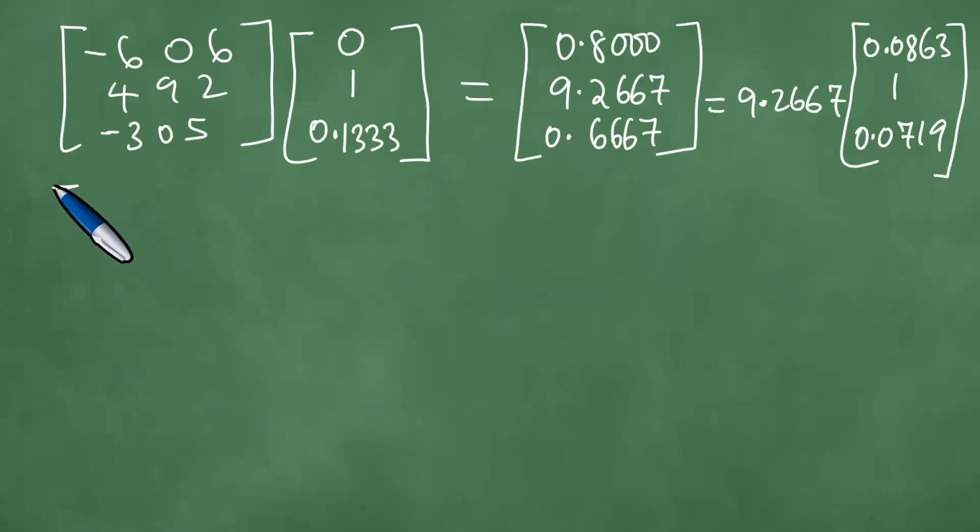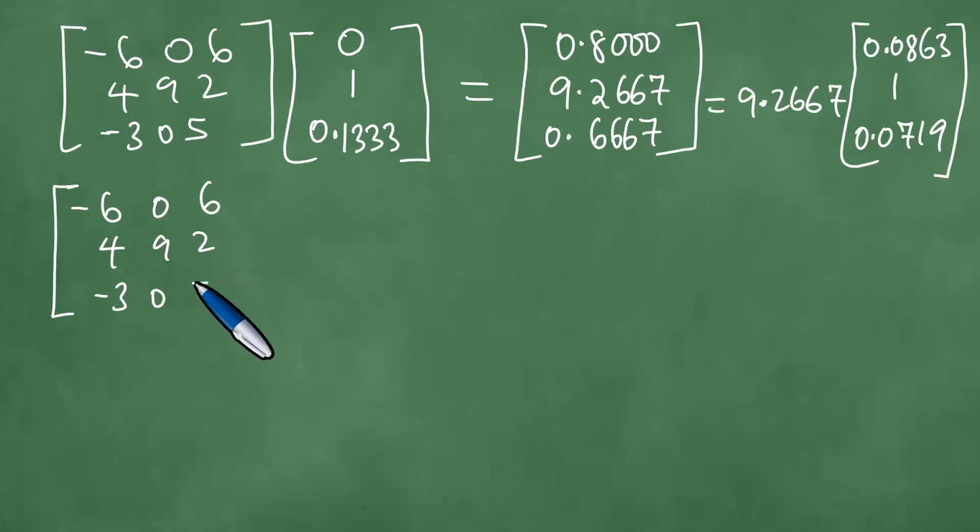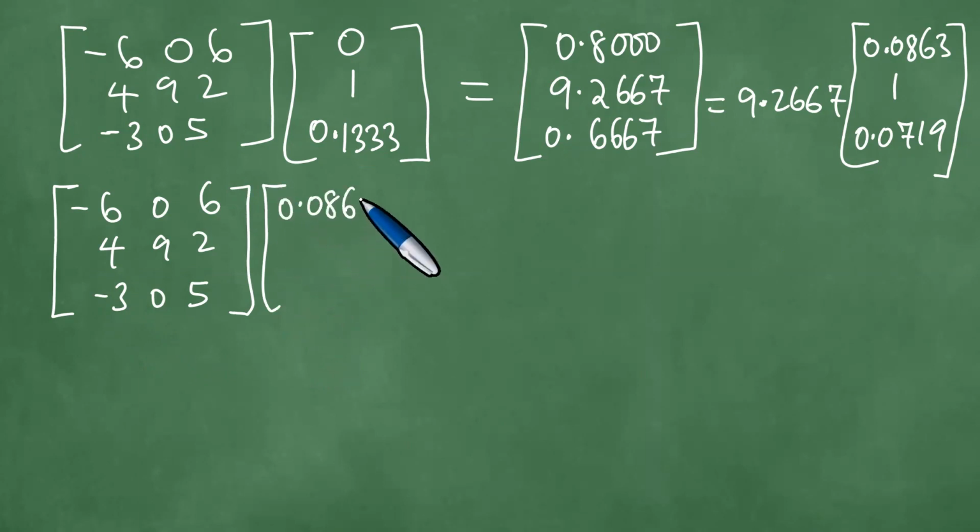Right, during the third time, we take still the matrix A. And then 492 minus 305. We multiply by 0.08631, 0.0719.